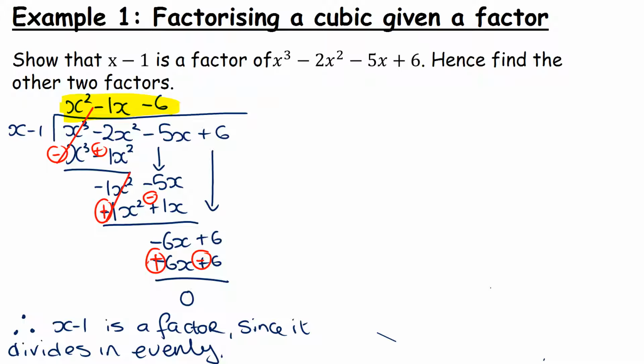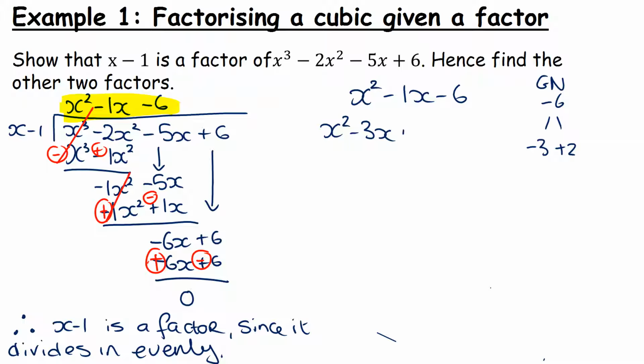So to do the next part, hence find the other factors, we're going to take what we had, x squared minus 1x minus 6, and we're going to solve it using the guide number method. So we're going to have minus 3 and a plus 2. So x squared minus 3x plus 2x minus 6.